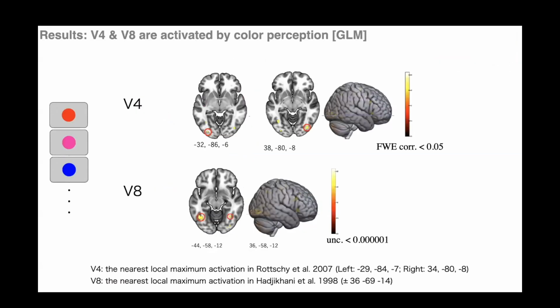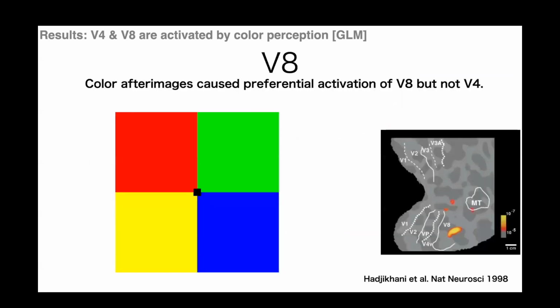And V4 is very famous, and many people know that V4 is related to color, but V8 is also important for color, and especially for subjective experience. So there is a study indicating that the color after effects, after images are related to V8, not V4.